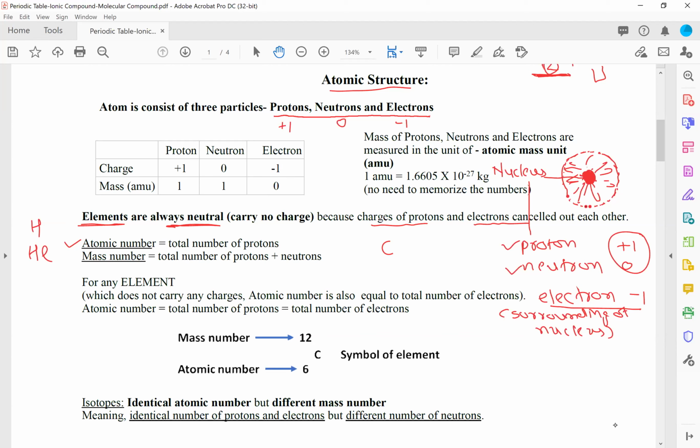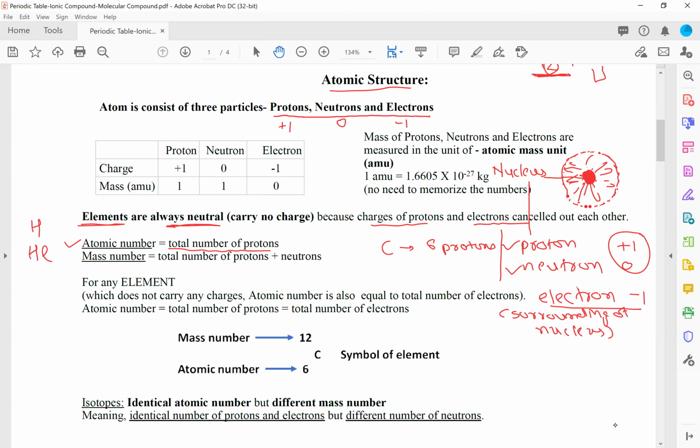Now, what we just learned is that atomic number is equal to the number of protons. It means we can say carbon will have 6 protons. So just by looking at the periodic table, at the atomic number, you can say how many protons carbon or any other element across the periodic table has.